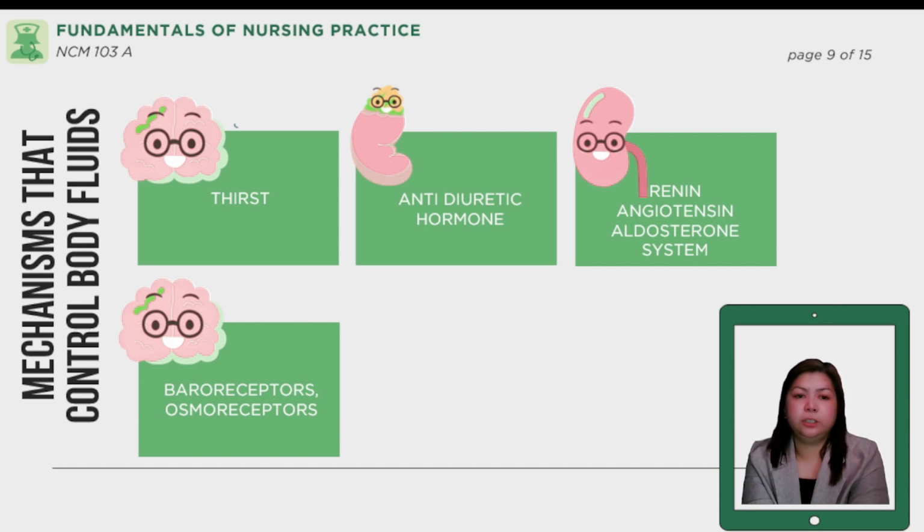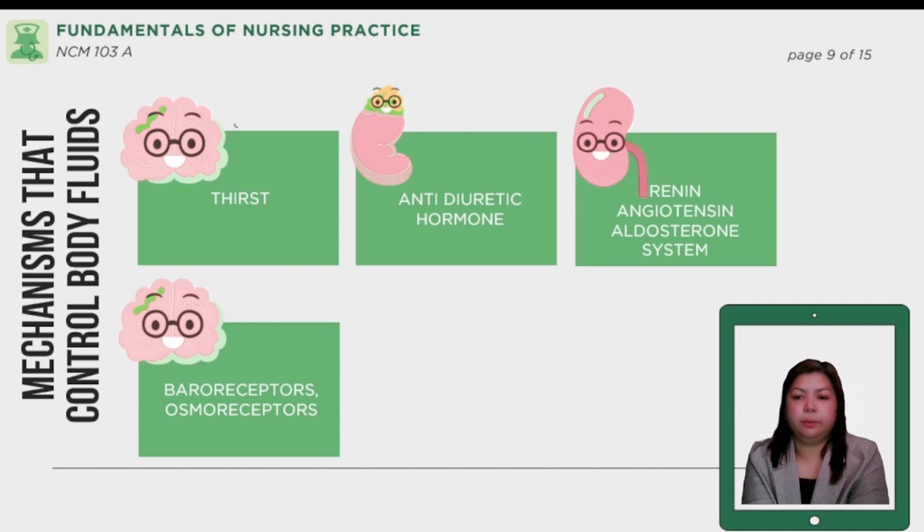They detect changes in blood pressure and send signals to the brainstem to regulate blood pressure and, of course, fluid balance. When blood pressure decreases, baroreceptors signal your sympathetic nervous system to increase your heart rate, vasoconstriction, and secretion of hormones like ADH and aldosterone, which collectively work to restore blood pressure and your fluid balance.